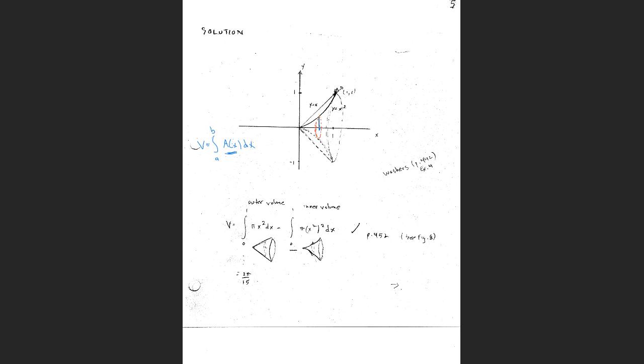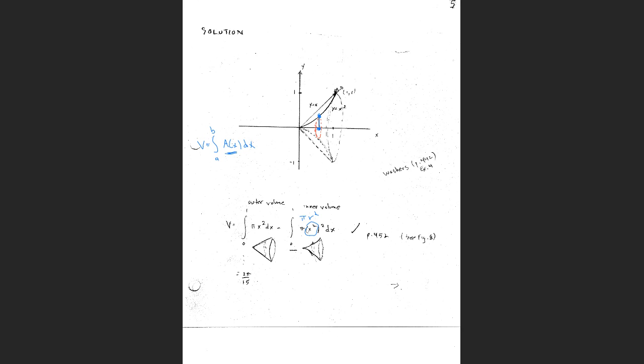The radius goes from this point to this point. Well, what would the radius equal? Well, for this inner volume, again, pi r squared, the radius is x squared.